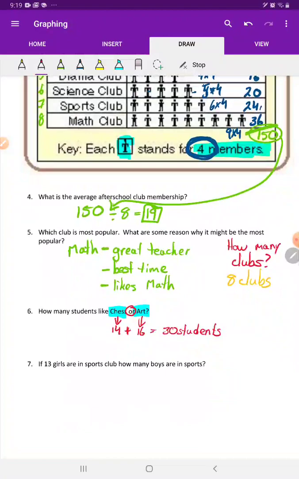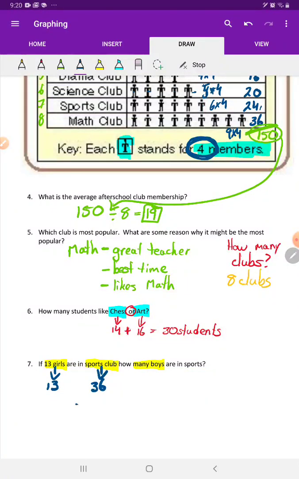And then the last one is the same question again as before, just one we're having to help you figure out. So, sports club, 13 girls, how many boys? Okay. First thing again that we have to do, sports club, 36. Okay. Then we've got 13 girls. Well, if they're not a girl, they're a boy, right?